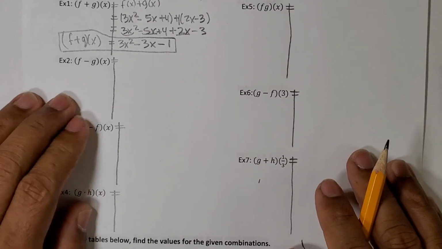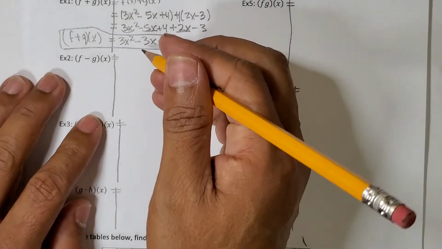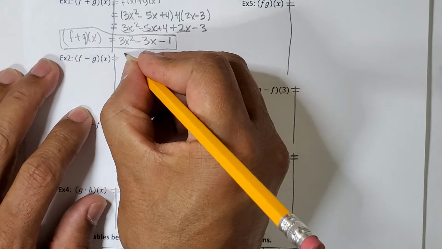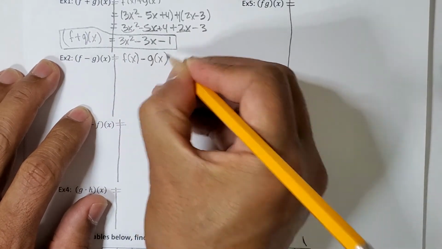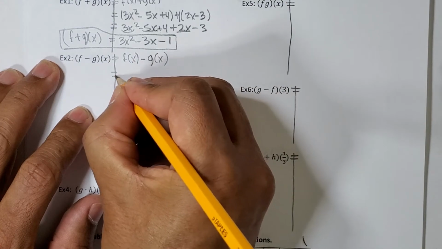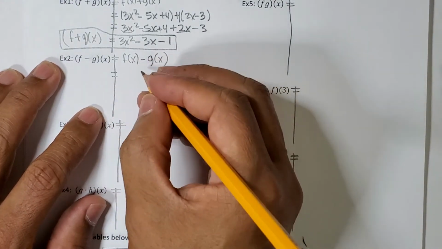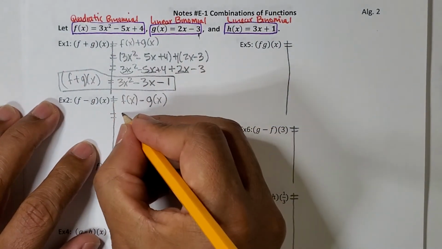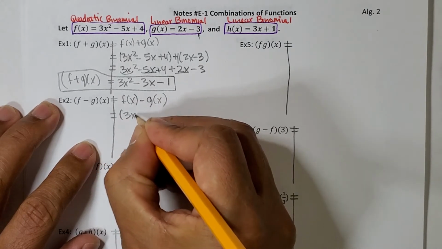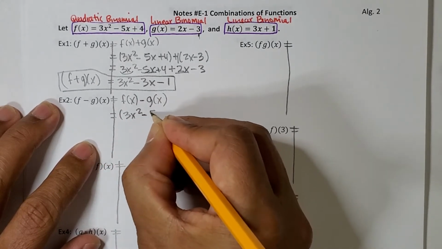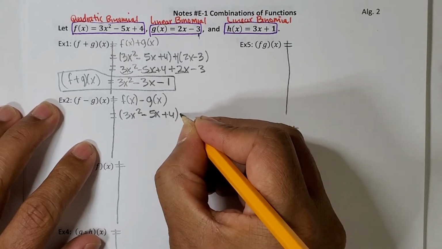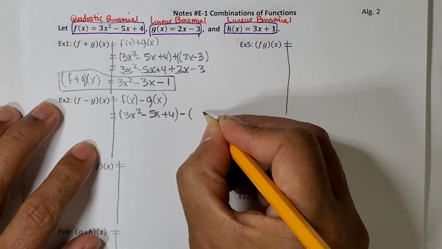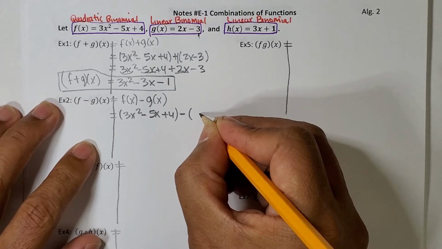Now you'll understand why we need to keep the parentheses. So this is f of x minus g of x. I'm going to subtract g of x from f of x. But f of x is our quadratic here, so this is 3x squared minus 5x plus 4, minus, we said g of x is 2x minus 3.